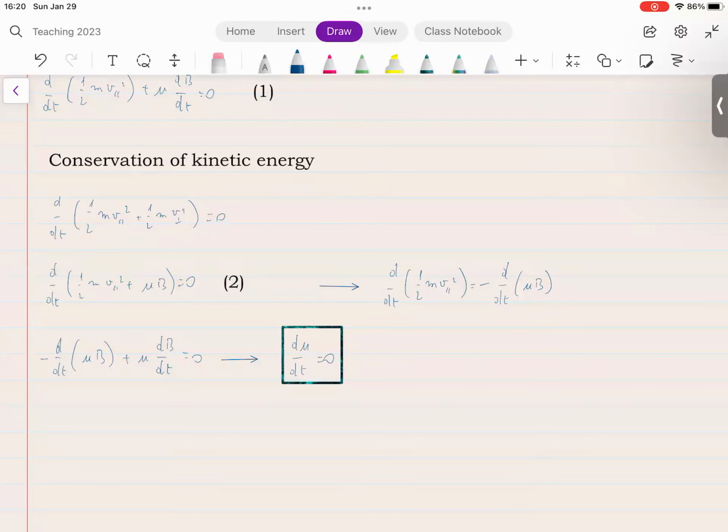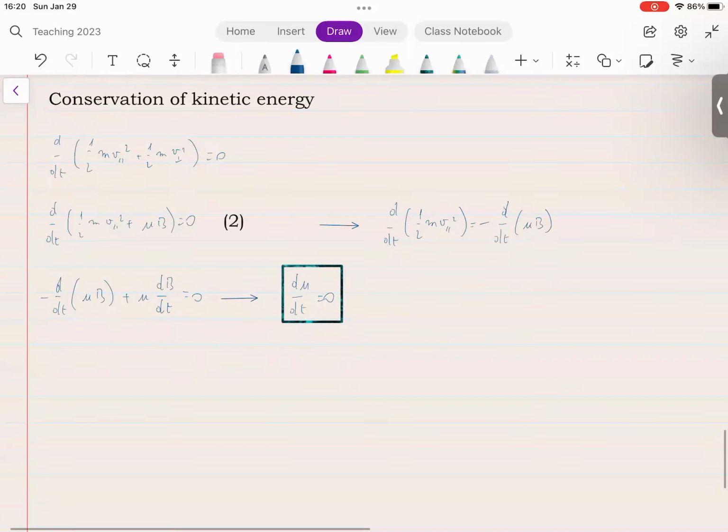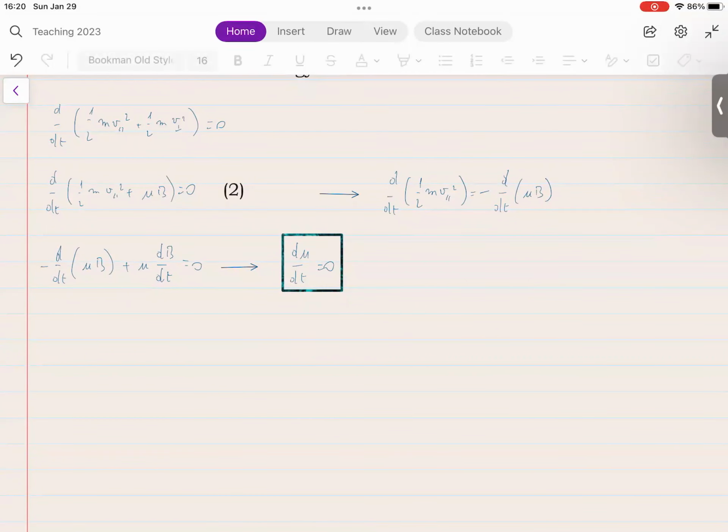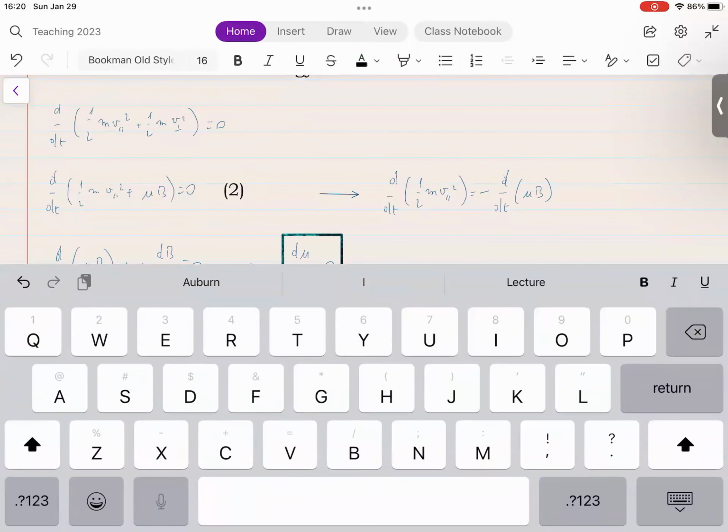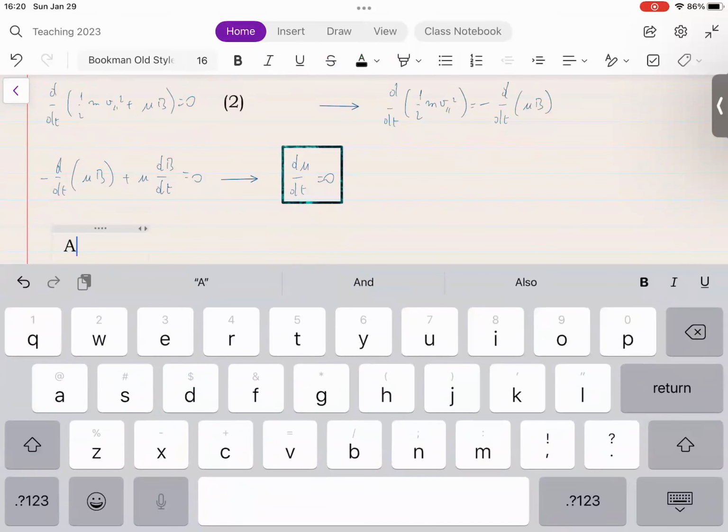For now, I'm going to write just one more expression, which is the angular momentum of a particle around the guiding center.